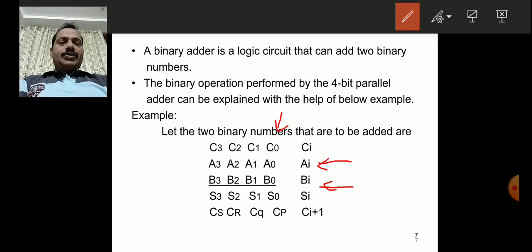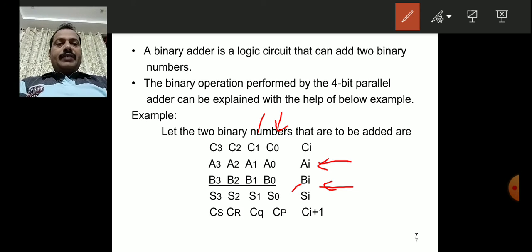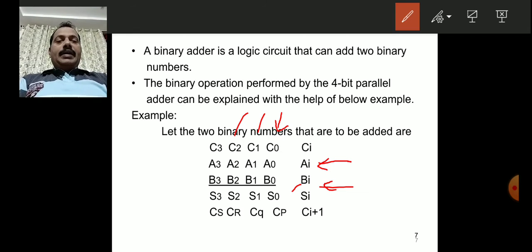and C0 plus A0 plus B0 gives us S0 and C1 output, and the C1 plus A1 plus B1 gives us S1 and C2, and C2 plus A2 plus B2 gives us some S2 and carry C3.